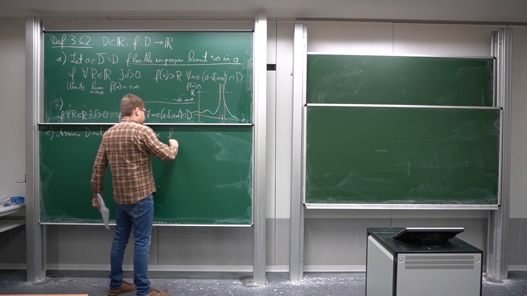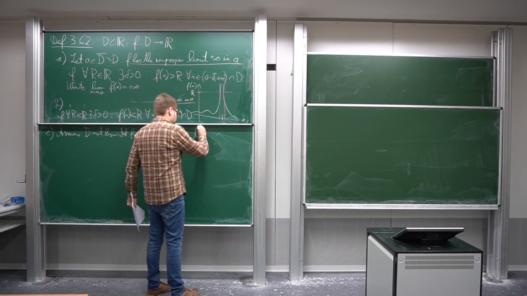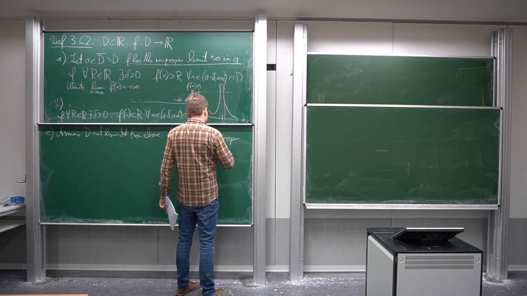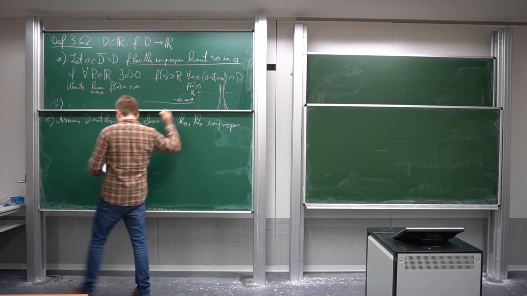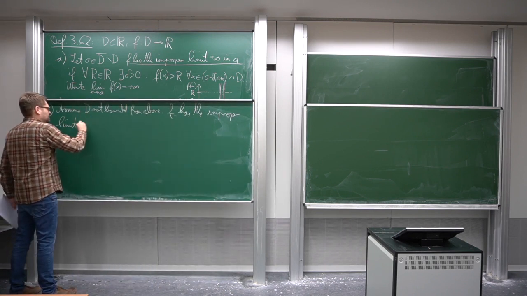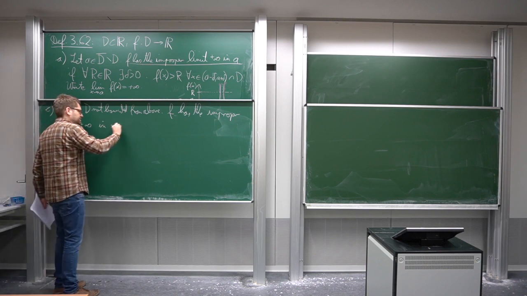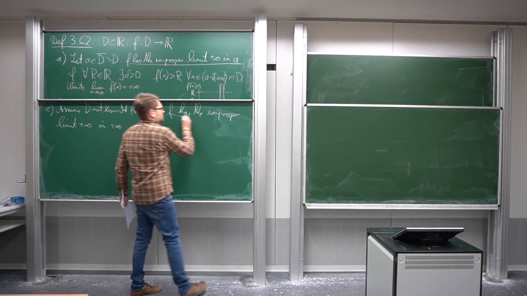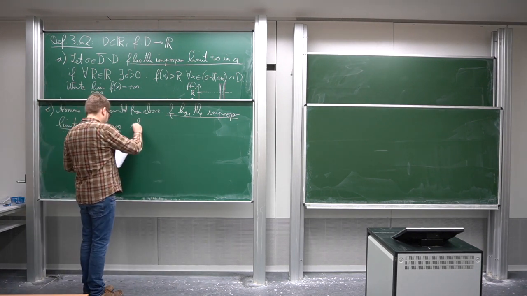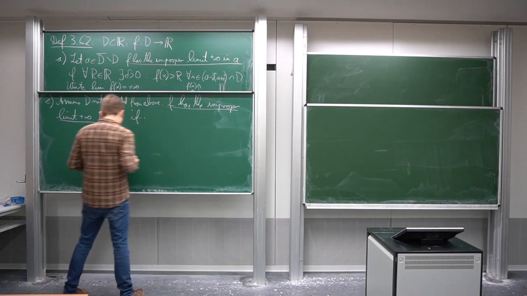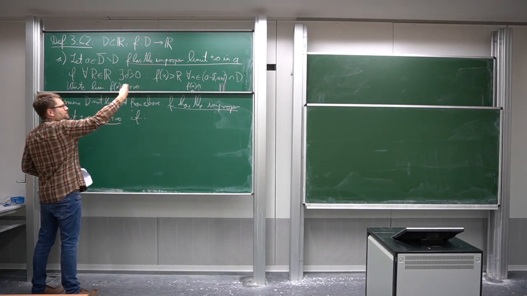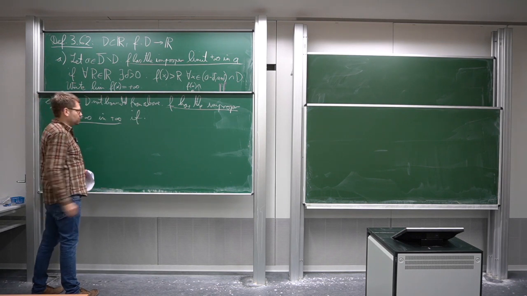There we say that f has the improper limit plus infinity in plus infinity if, and now similar definition, but we need to be a bit careful because we do not need to work with delta neighborhoods of a point.